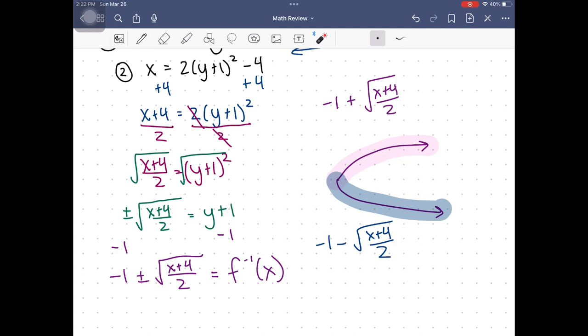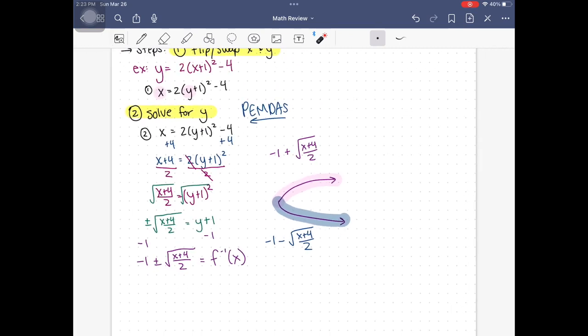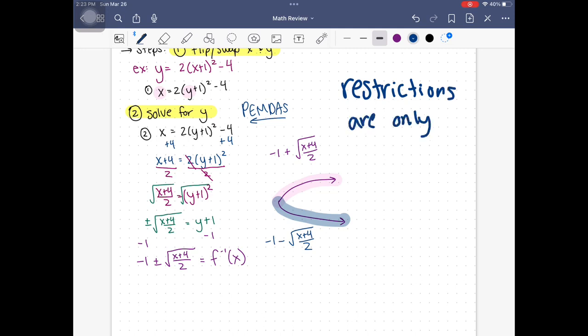Again, the only reason you're restricting it is because the inverse needs to be a function, but normally it will tell you what your restrictions are, okay? But please keep that in mind. The only time you need to restrict something, okay? So restrictions are only for even exponents, okay?